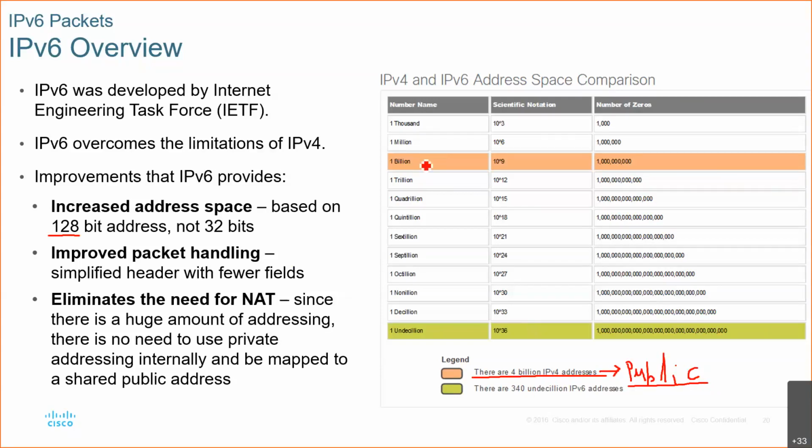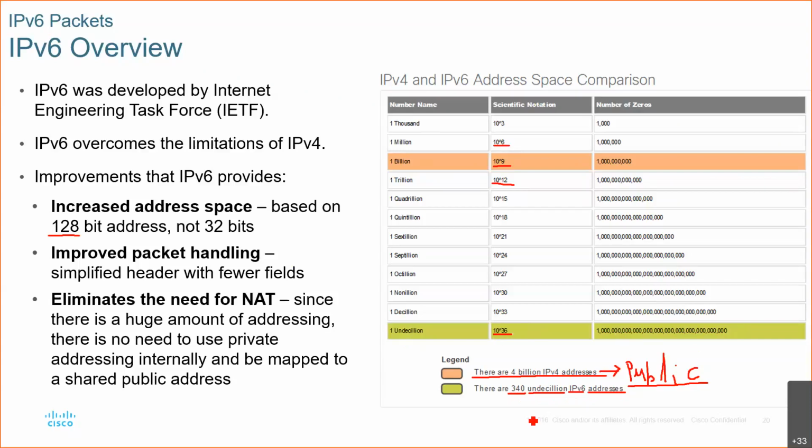Now, let's look at these numbers. When you look at million, we have 6 zeros. Billion, 9 zeros. Trillion, 12 zeros. So for IP version 6, you have 340 undecillion IP version 6 addresses. To put that scale in perspective, 1 undecillion is 10 to the power of 36, that means 36 zeros.